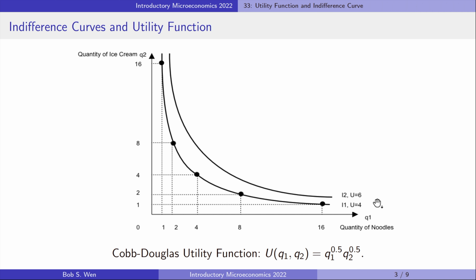A higher indifference curve, I2, represents all the combinations of noodles and ice cream with a utility value of 6. It includes the bundles (6, 6), (4, 9), (9, 4), (1, 36), and (36, 1).